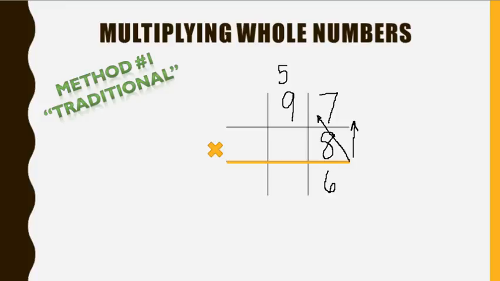So 8 times 9 would be 72. And then you have this little 5 up here, and you're just going to add that to the 72. So 72 plus 5 would be 77. Okay? So that takes practice and lots of neatness, and you'll be able to do that correctly, consistently too.